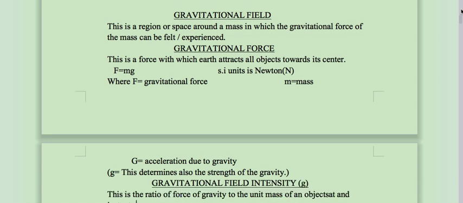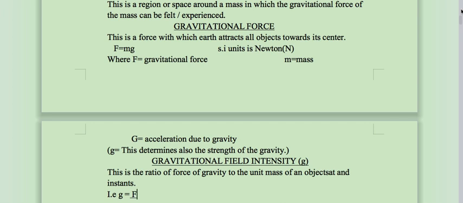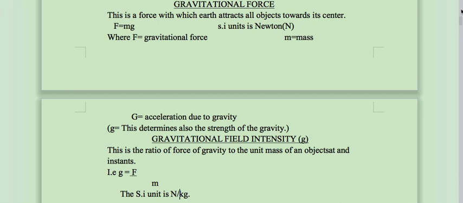We also have what we call gravitational field intensity. Gravitational field intensity is the ratio of the force of gravity to the unit mass of an object at an instant. This is also known as the strength of the gravitational field.